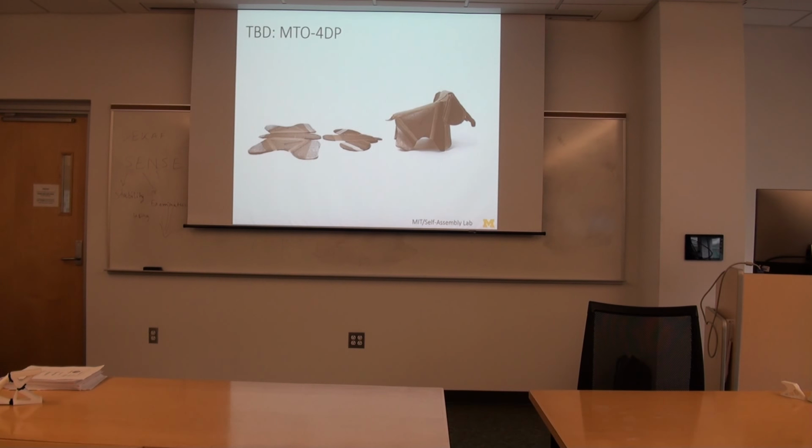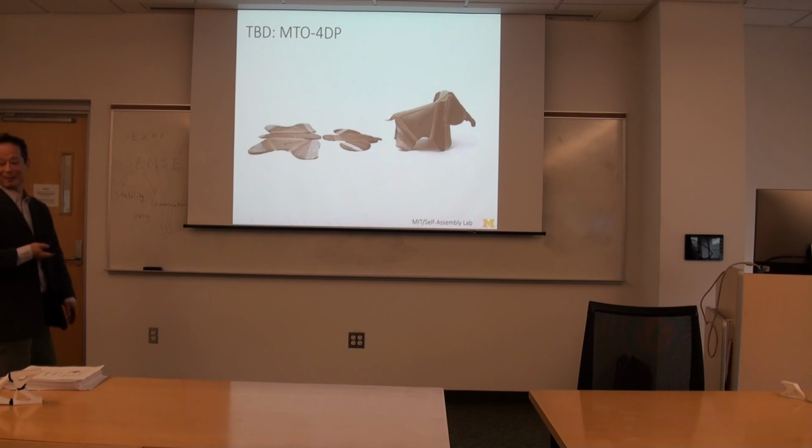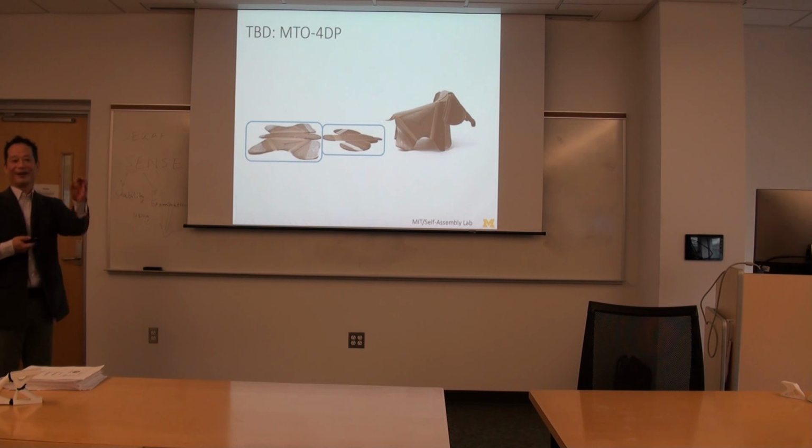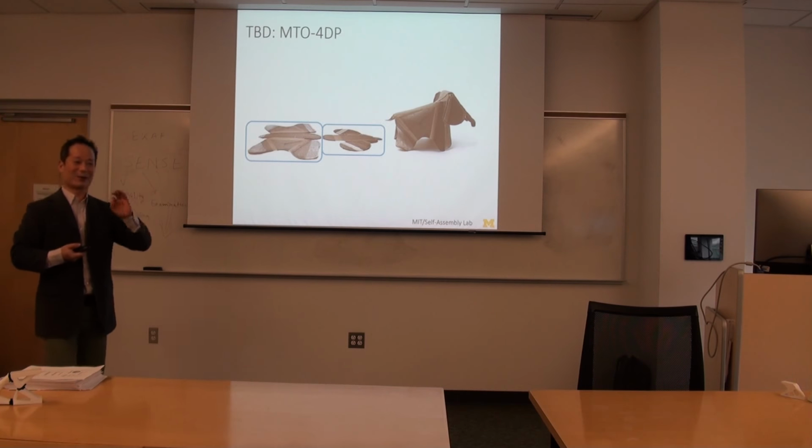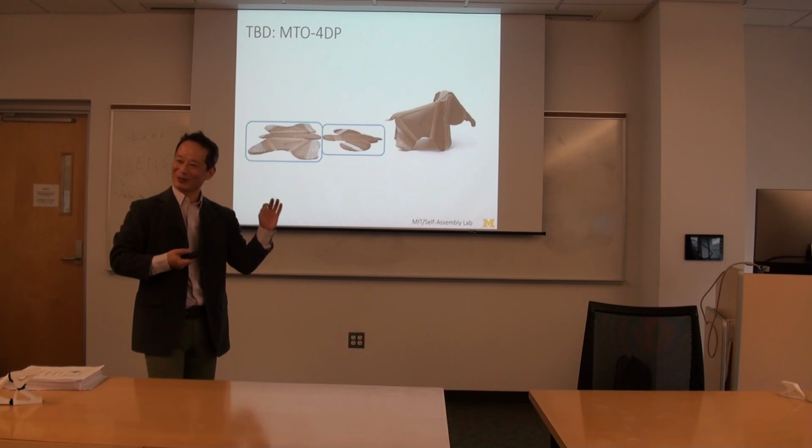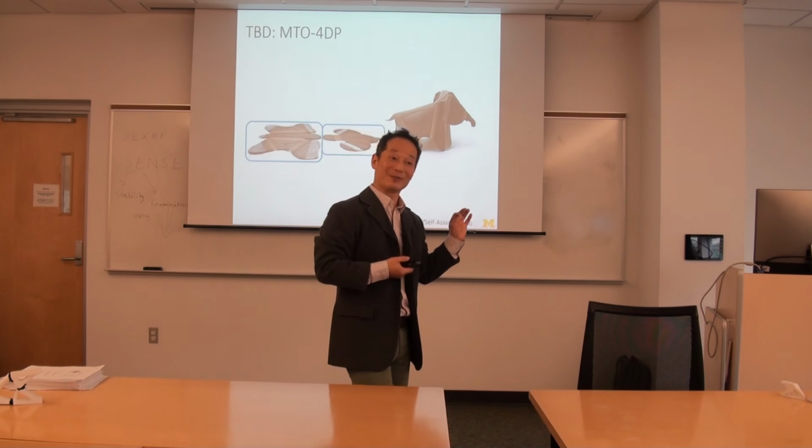Cute. I was not too excited by this one by itself, but I was excited by the fact that there are two pieces there. Always I ask myself why two pieces? Maybe because they cannot make an elephant from one piece.